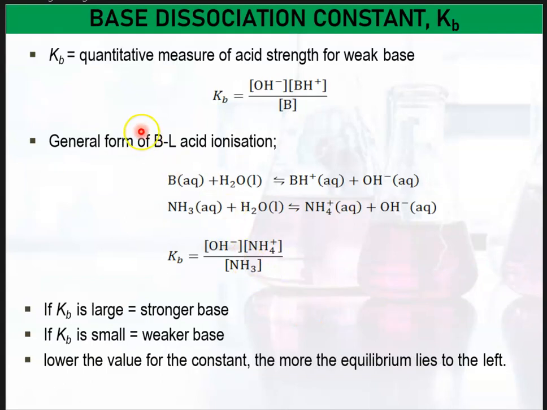Now we look at the base dissociation constant, which is represented by Kb. Kb is the quantitative measure of base strength for weak base. So Kb is the ratio of product over reactant.